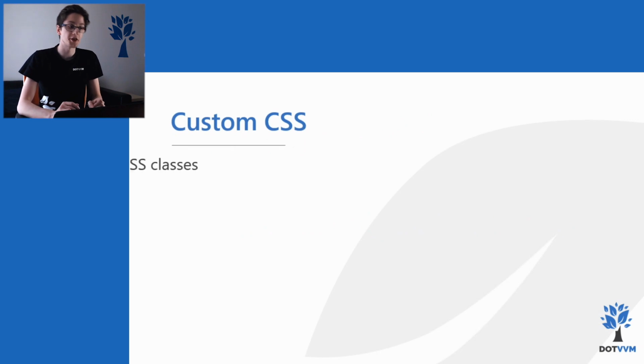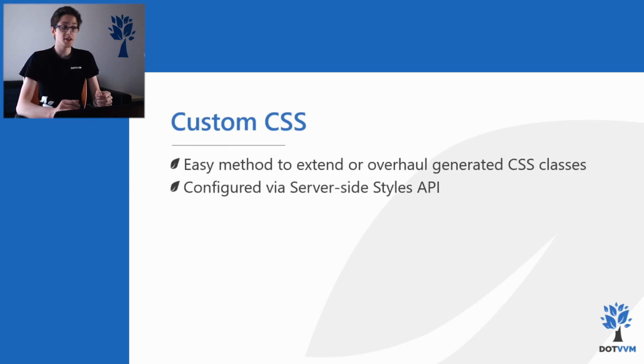The second feature is custom CSS. Until now, it was only possible to change the structure of generated HTML, and especially the CSS classes used, only with inheritance. Unfortunately, this approach requires you to have extensive knowledge of inner .vvm workings and the way the controls are constructed. The new custom CSS allows you to create new classes, remove the old ones, or completely replace used classes.